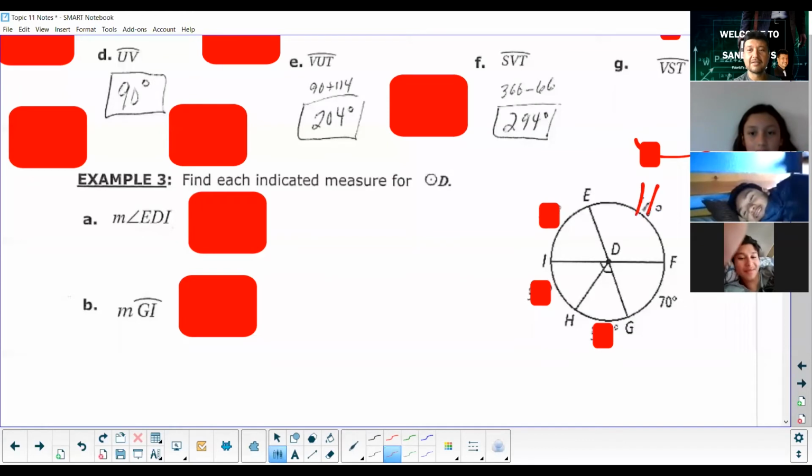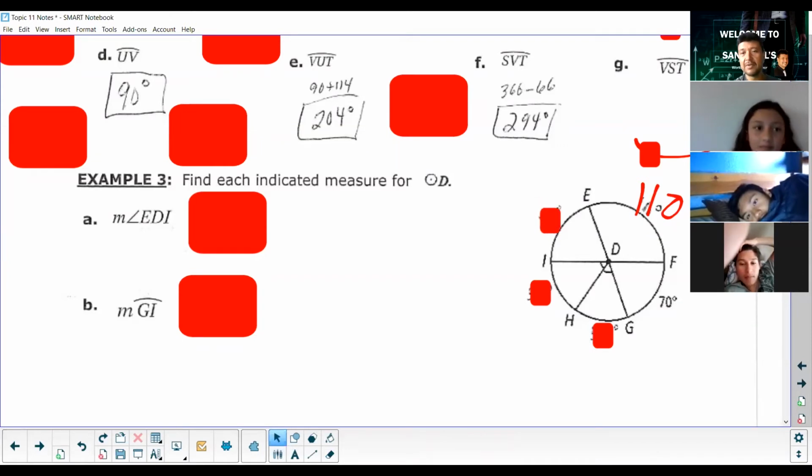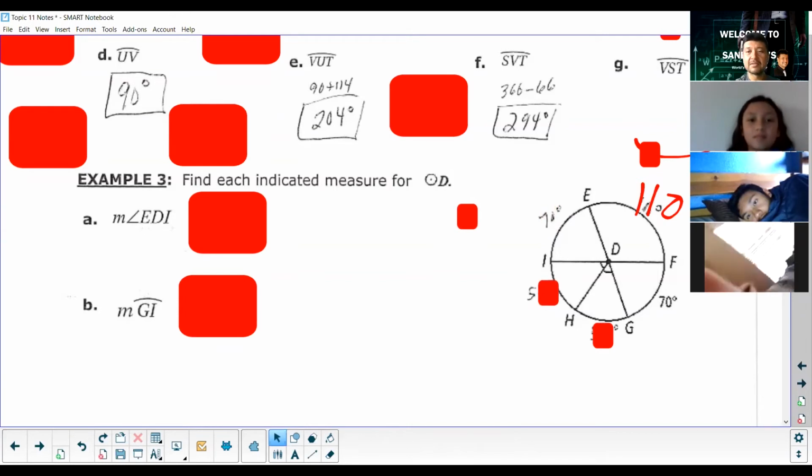Yeah, 110, good. That's written a little wrong. And then Max, what's this one? For B? Yeah, the one I'm touching right now. 70. Yes, good, 70.